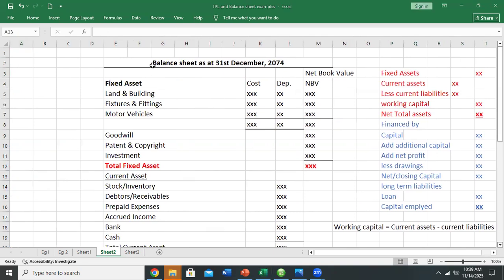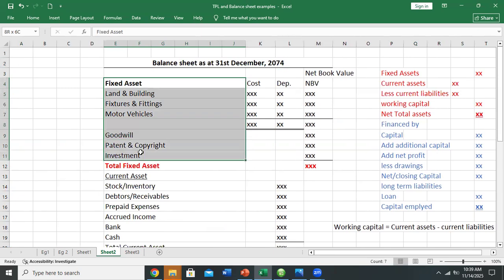Just on the left side, you can see the detailed structure of the balance sheet. You put the heading, balance sheet, assets, 31st December, whatever year you have. Your first thing is your fixed asset. I believe you all appreciate that we have the tangibles and the intangibles. The tangibles are land and building, fixtures and fittings, motor vehicle, plant and machinery. Then the intangibles: goodwill, copyright, investment.